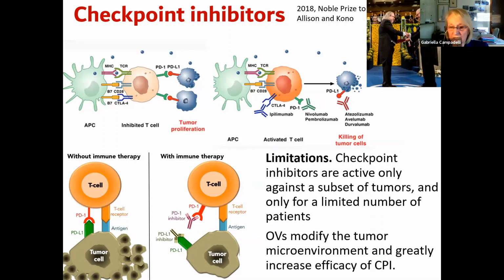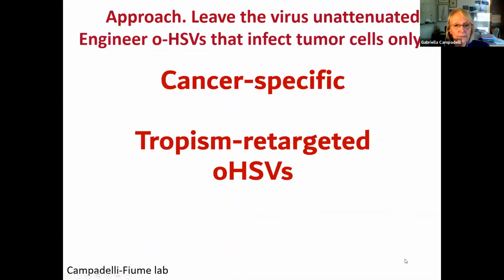And all these oncolytic viruses are really the ideal partners of checkpoint inhibitors, because we modify the tumor microenvironment, as I just showed you, and they release part of the immunosuppression of the tumor and greatly increase the efficacy of checkpoint inhibitors.